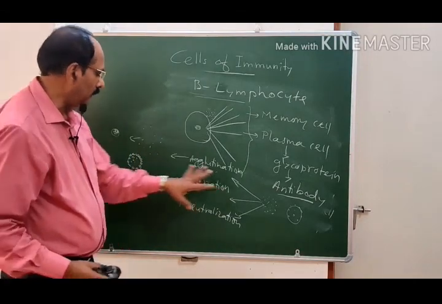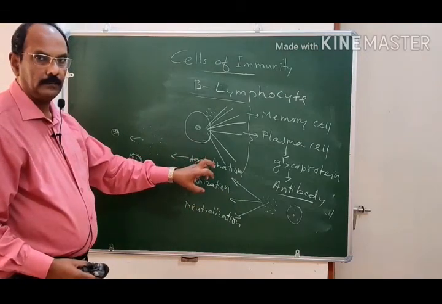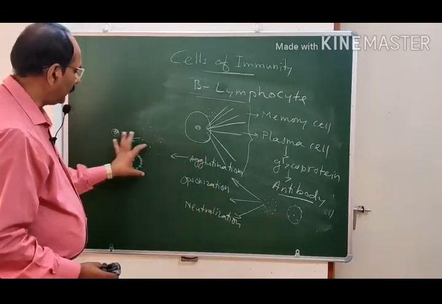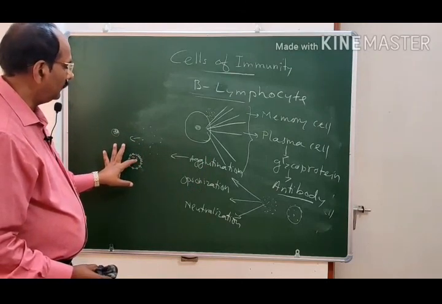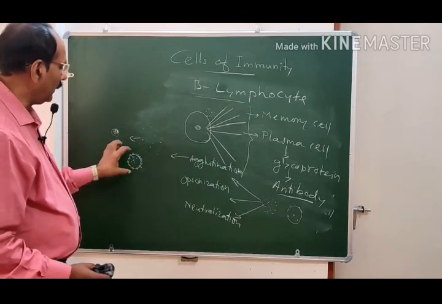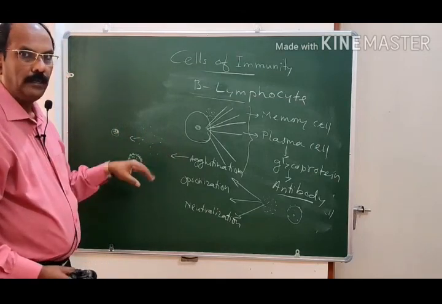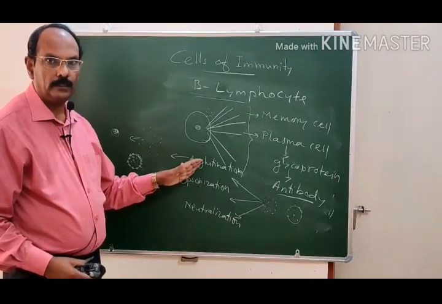When it attaches on the surface, the organism becomes inactive, and then it gives a signal to the macrophage, and the macrophage comes, attacks this microorganism, and kills it. So both help very nicely in protecting the body from the microorganism.